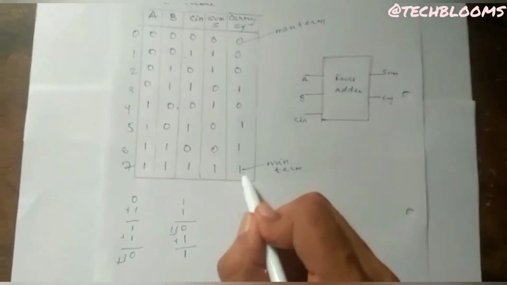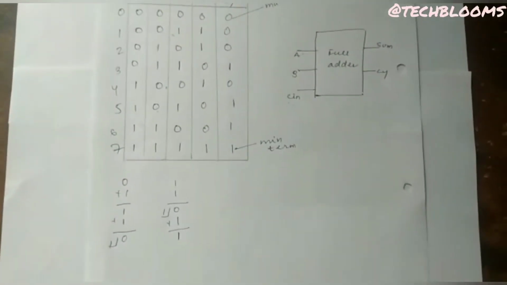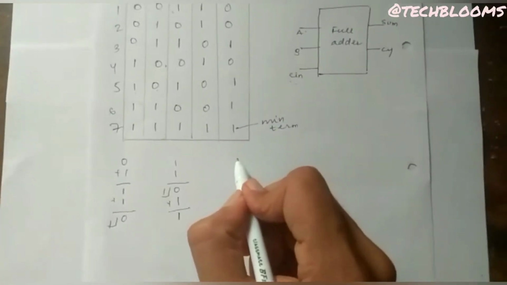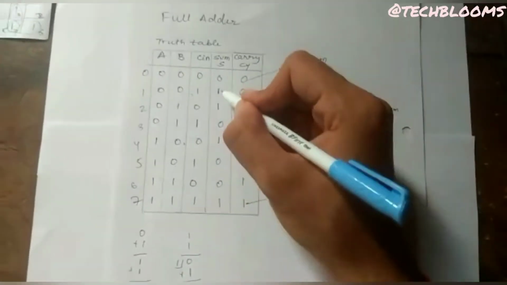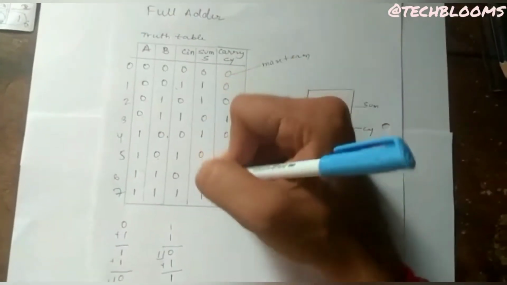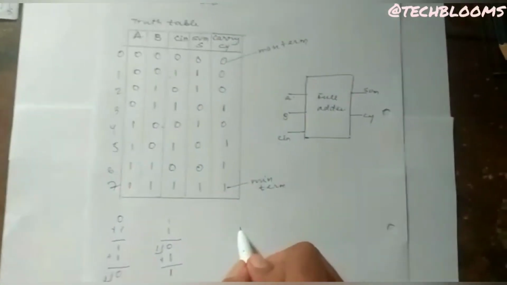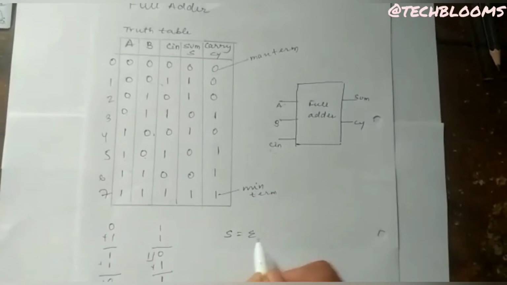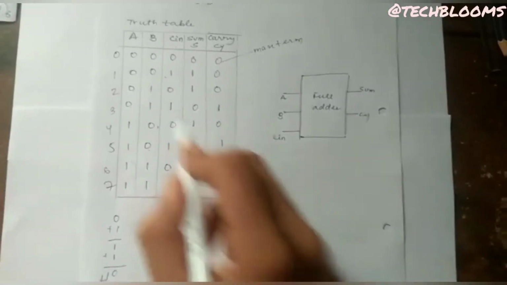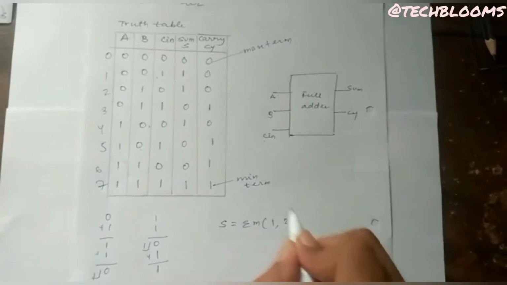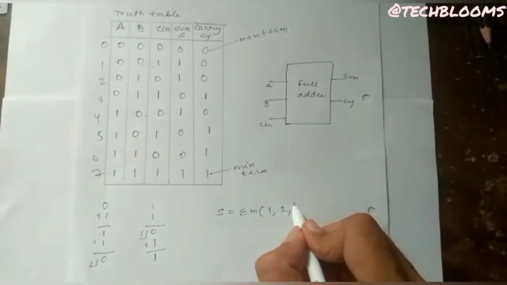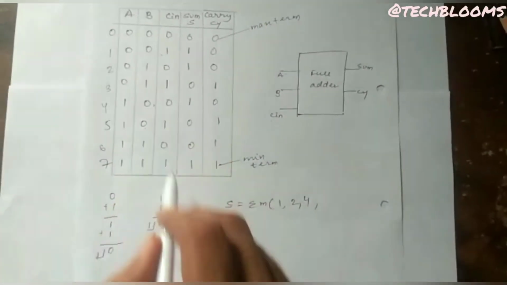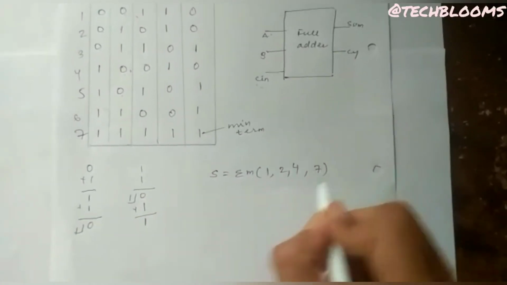So we will take the 1s. For sum, position 1 has 1, position 2 has 1, position 4 has 1 and position 7 has 1.